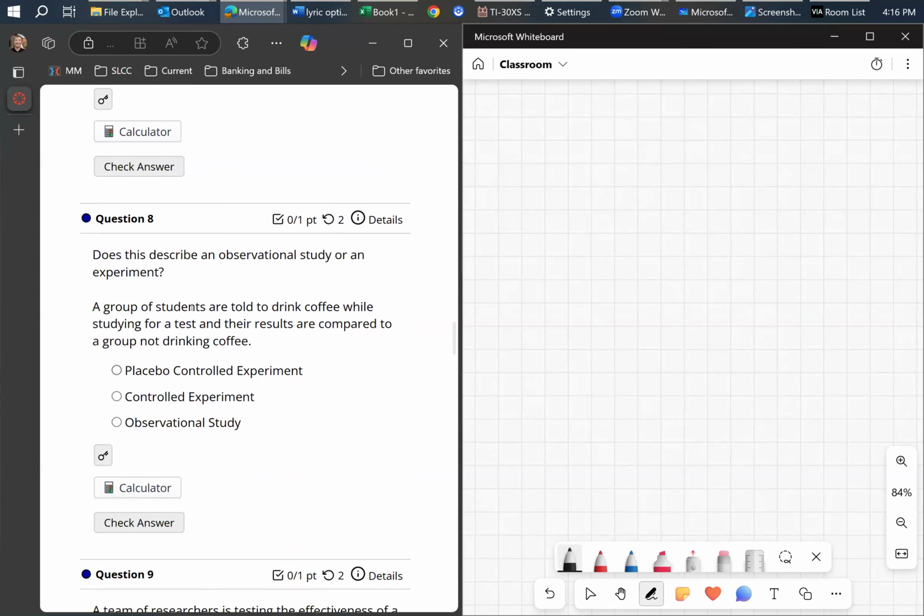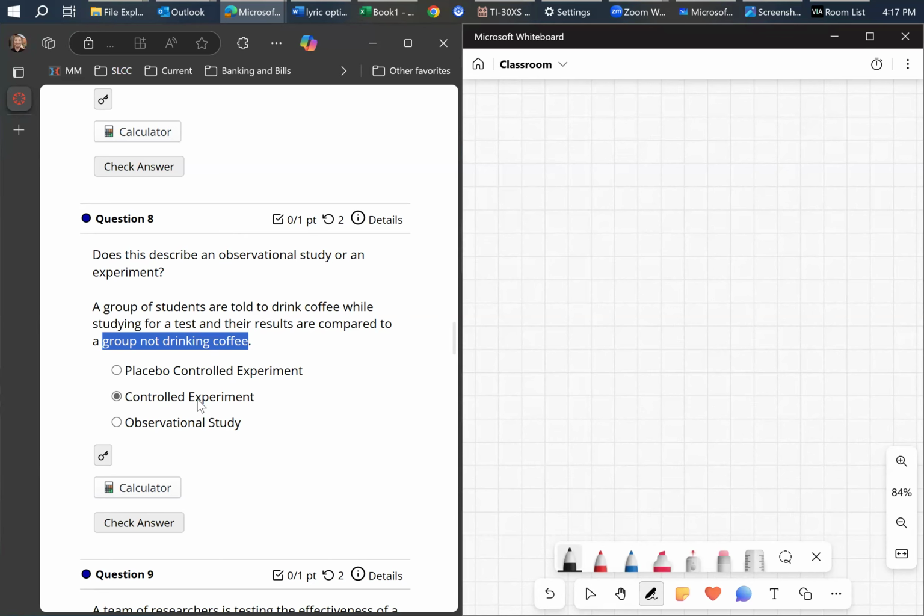All right, question 8. Observational or experimental? A group of students are told to drink coffee while studying for a test, and the results are compared to a group not drinking coffee. Well, the group not drinking coffee would be the control. The group drinking coffee would be the treatment.